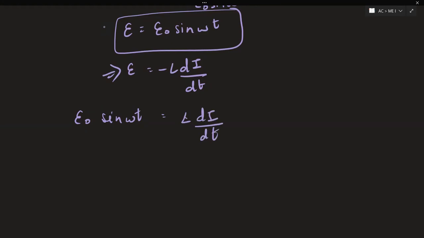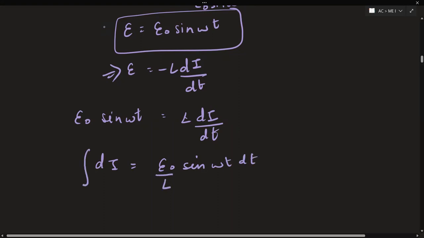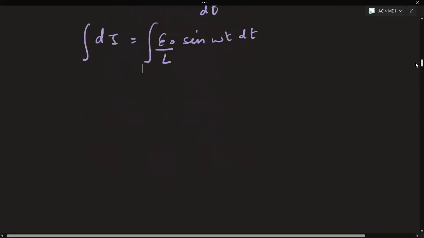All right. Now write down the value of dI from here. So what will you get? dI will be equal to E naught sine omega t dt divided by L. To get the entire current, we'll integrate it. We have seen these types of questions a lot in derivations.